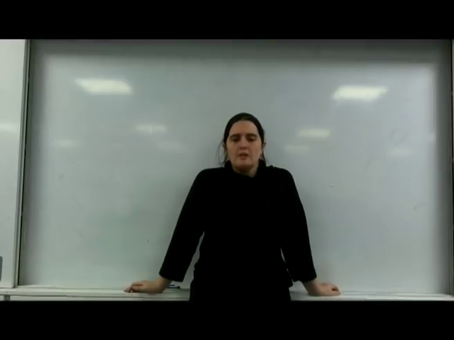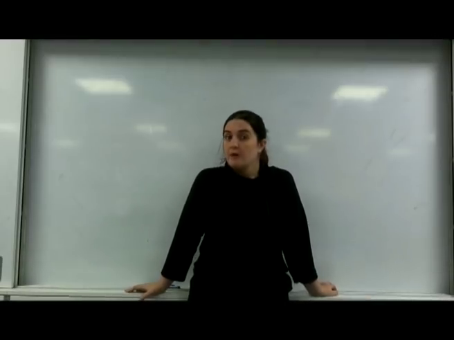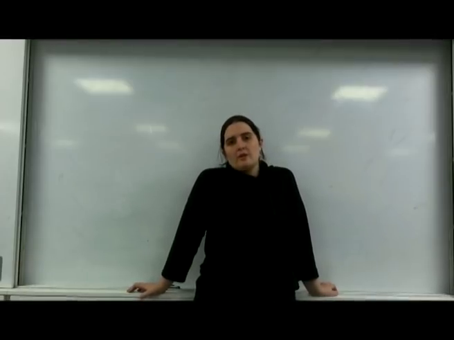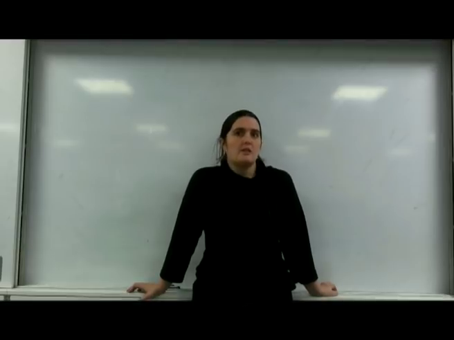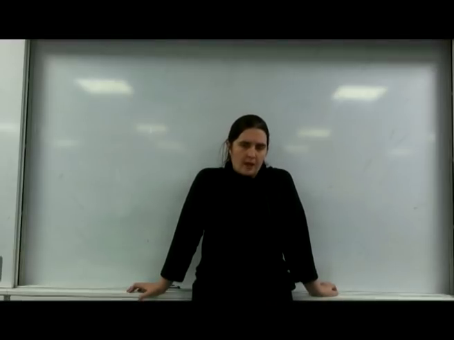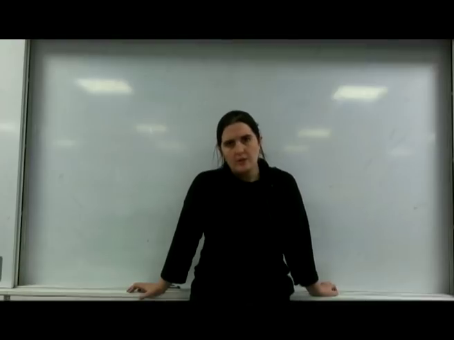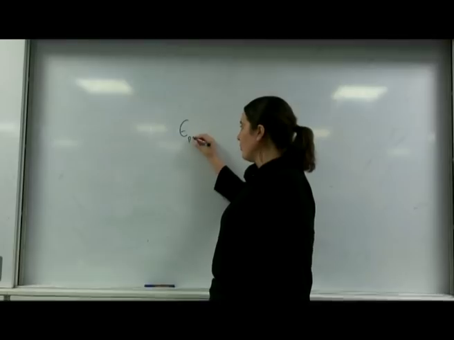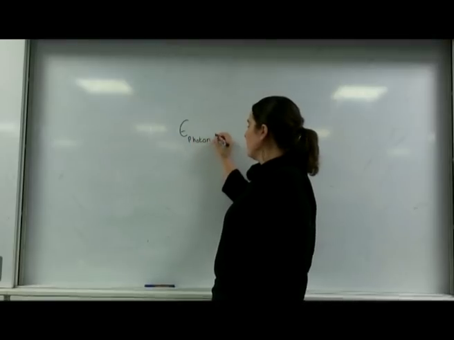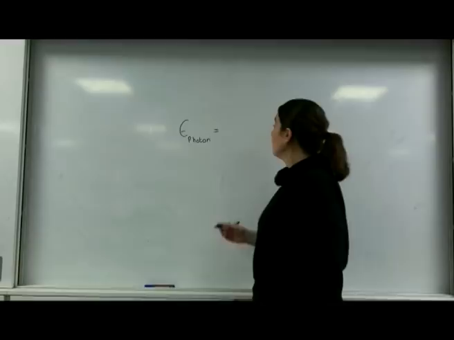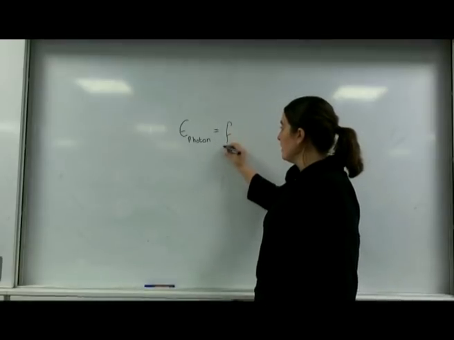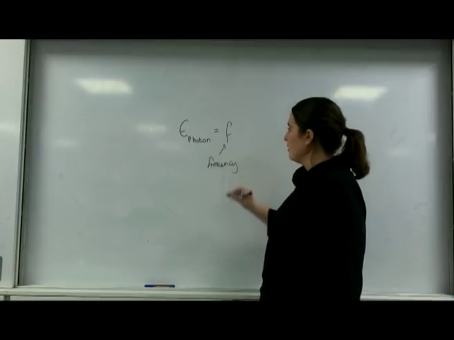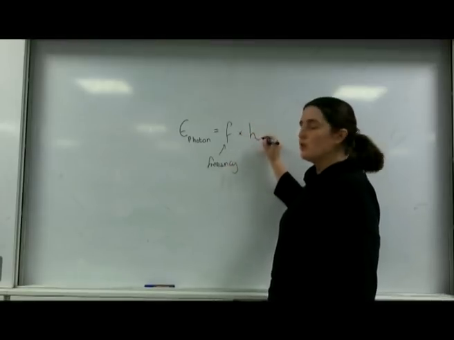So the photon is a word used by Albert Einstein to describe a wave acting as a packet of energy. So one photon has this much energy. And the way to calculate this energy is using this formula here. The energy that a photon has is determined by its frequency times h.